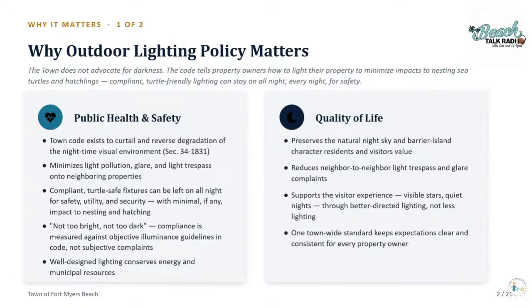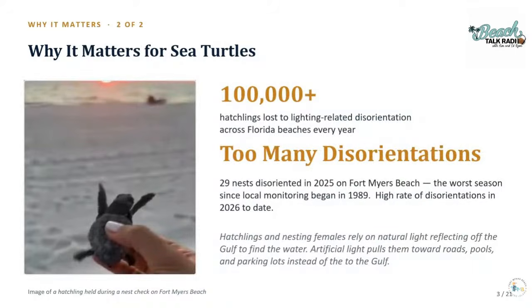Also, spotlights coming from either street lights or floodlights from a neighbor can affect your quality of life. Sleeping, a spotlight in a window, it's distracting. It's not the best thing. So lighting does matter, and it does affect us as humans as well as the sea turtles.